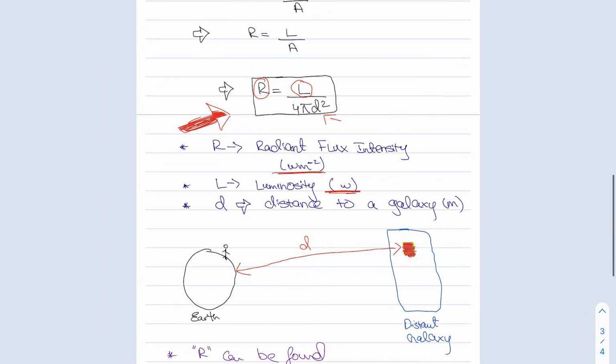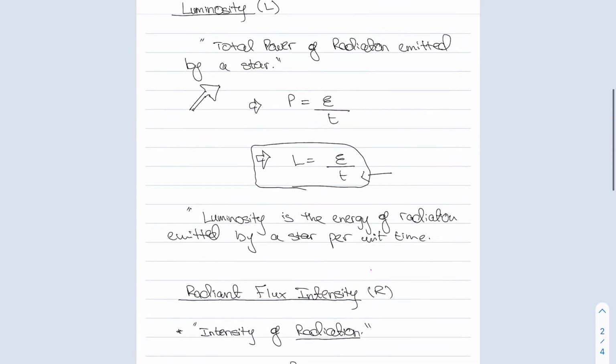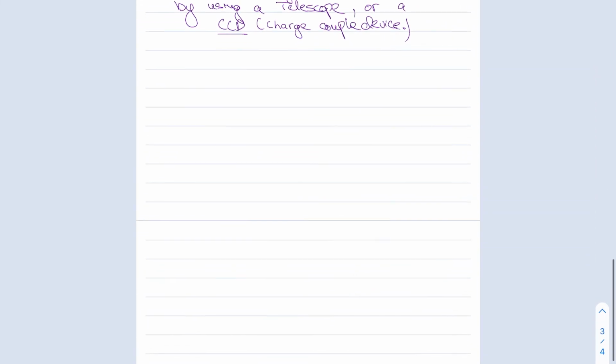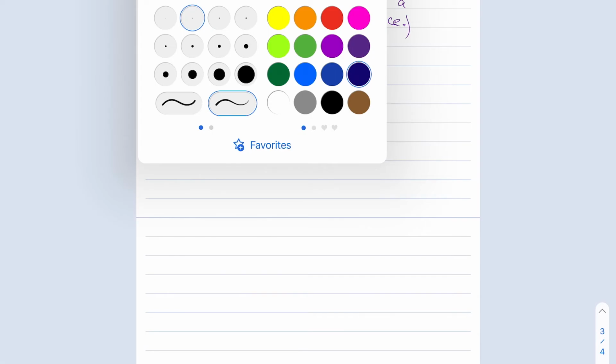So that's all for the first lecture. I hope you understood the stuff I tried to teach. I hope it was helpful, and it would be good to recap what we did. The first thing we did was luminosity. Luminosity is basically power, right? The second thing we did was radiant flux intensity.